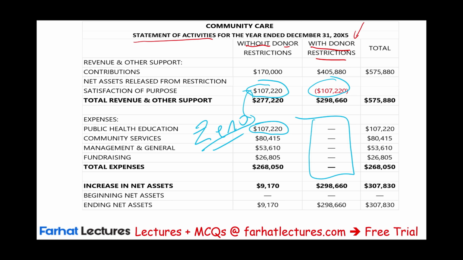They don't have to be the same, but anything moved from with donor restriction to without donor restriction gets recognized as revenue, and it gets expensed immediately. So the net effect is 0. That's something else they test you on the CPA exam, or it could be a tricky question. The net effect on without donor restriction is 0. Why? Revenue 10,000, expenses 10,000, the net effect is 0.